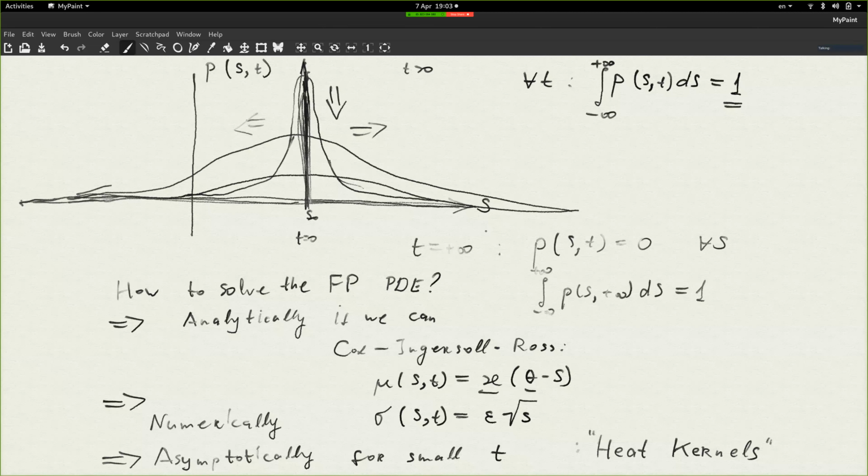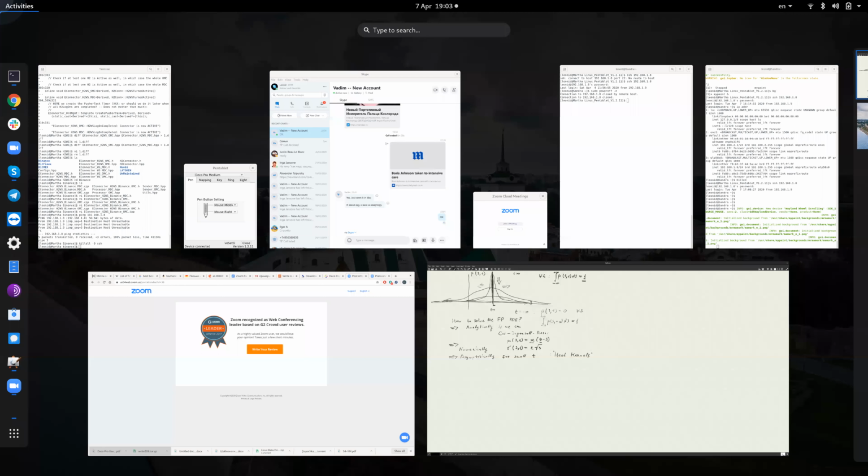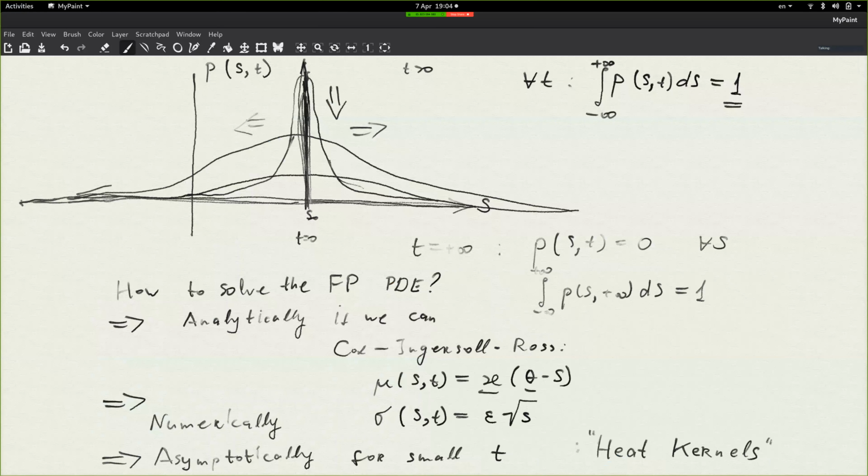Please don't be shy. Numerical methods for partial differential equations. Anyone? No? Okay.